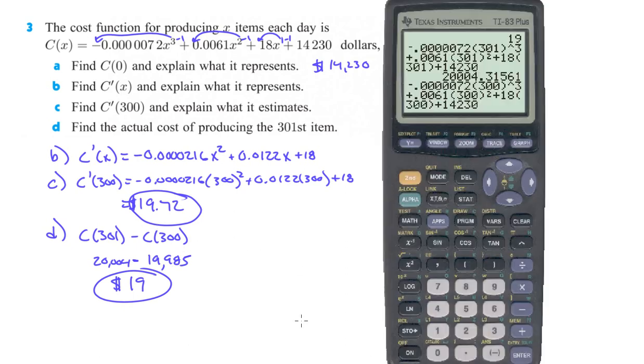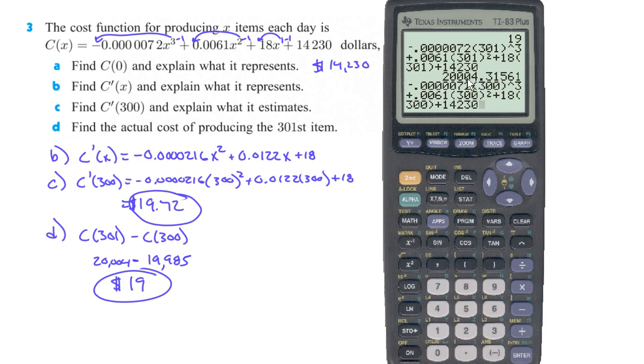Okay, something interesting to note: I actually went through and checked our answer in the back of the book. It's supposed to be really close to 19.72. So I went through and re-entered it into the calculator. The one issue with doing it in our table is it rounded off to the nearest whole number.